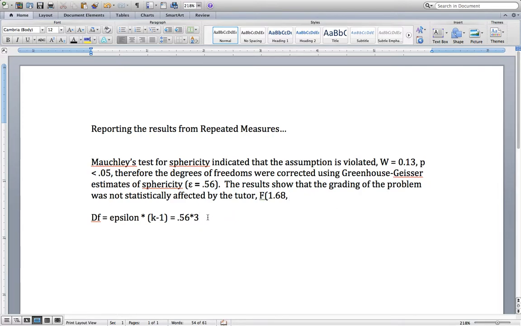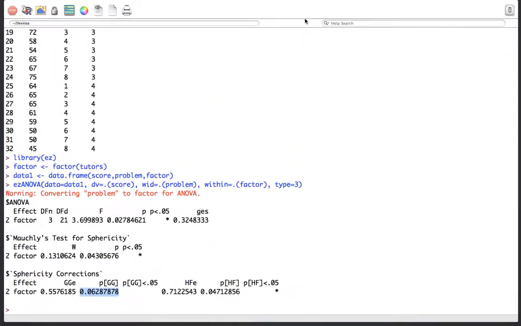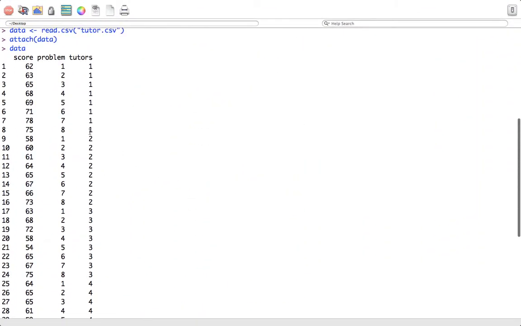And the next degrees of freedom will be the epsilon times k minus 1 times n minus 1. Now notice that's not cap N, so it's not the total sample size. This would be the problem.